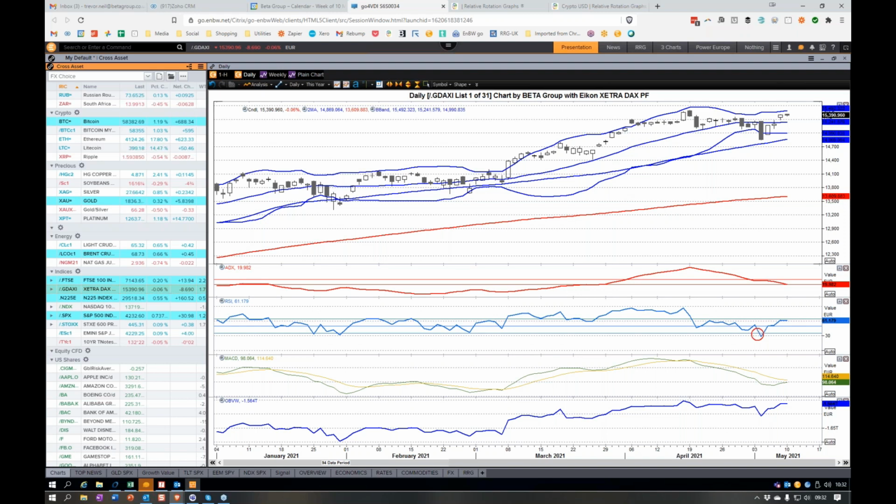And I've circled here when the RSI came down on this candle and then turned up here. In the context of a long-term bull market, this was as good a dip as you were likely to get in that index. So this is bullish too, but I think it's clear what the order of things is: the leader is still the US 500 by far.